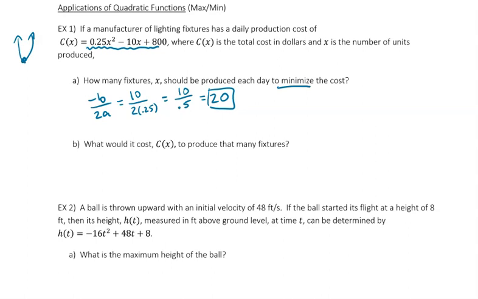If we want to know what would it cost, that's essentially just asking for the y-coordinate of the vertex. That's asking what the actual value is there. So all we're going to do is take that 20 and plug it back in. So we're going to have 0.25 times 20 squared minus 10 times 20 plus 800.